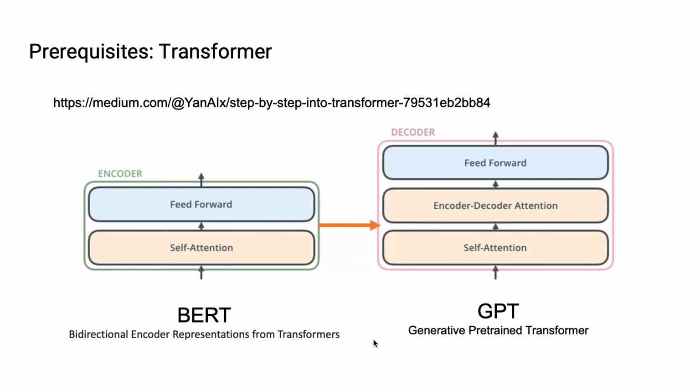There are also some models such as T5 that still use both encoders and decoders in the architecture. Since in this section we are focusing on InstructGPT, it is a GPT model, which means it's only using the decoder structures in the transformer architecture.